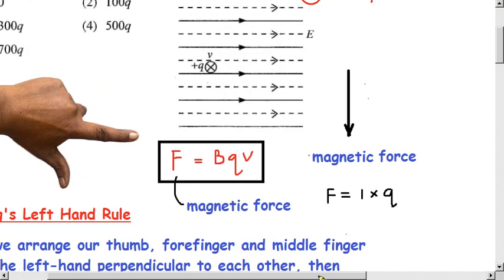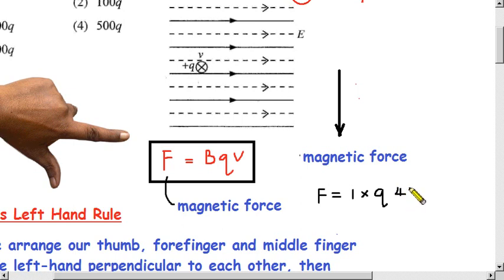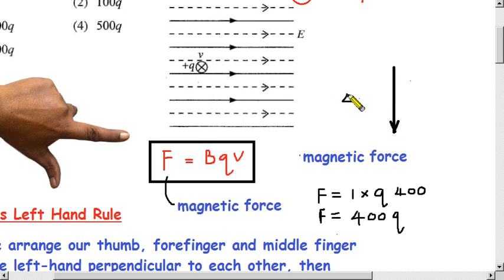So we substitute that here. Then we get the force equal to 400 times Q. Let us take it a little bit right, like this. This force is equal to 400 Q, that is the magnetic force.